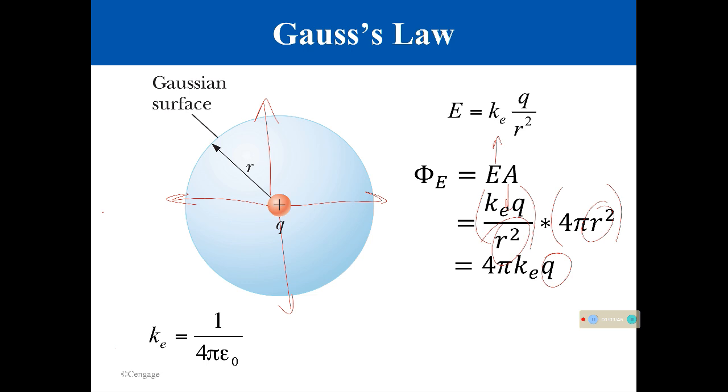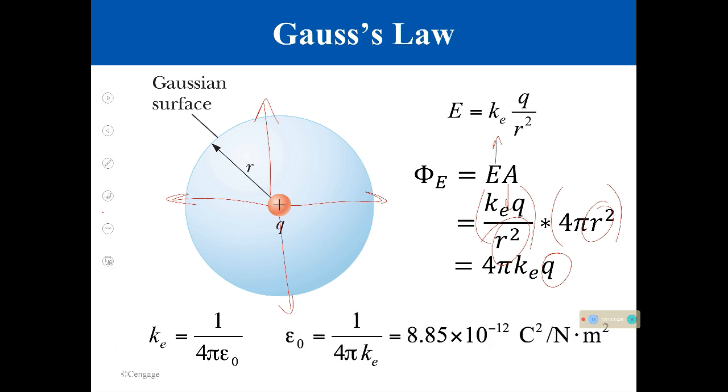Okay, but ultimately, if I rearrange this, I can see that epsilon naught, moving it up here and moving Ke down, is 1 over 4 pi Ke, right? And you'll see a number right over here, which is why this exact number is written on your AP equation sheet.